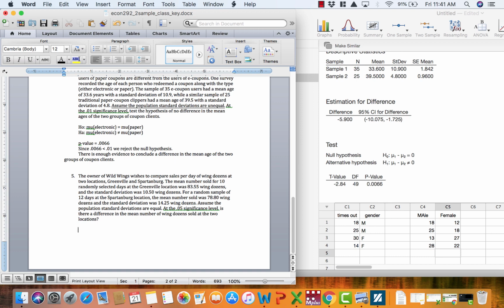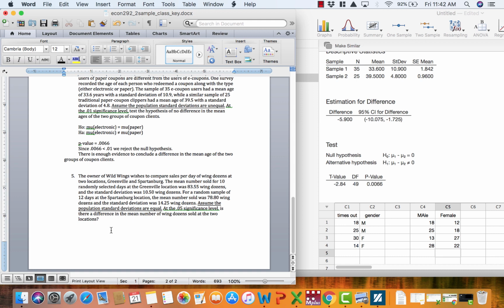For a random sample of 12 days at the Spartanburg location, the mean number sold was 78.8 wing dozens, and the standard deviation was 14.25 wing dozens. Assume the population standard deviations are equal. At the 5% significance level, is there a difference in the mean number of wing dozens sold at the two locations? So again, we know this is 2 sample T because we're given a comparison sentence on the standard deviations.